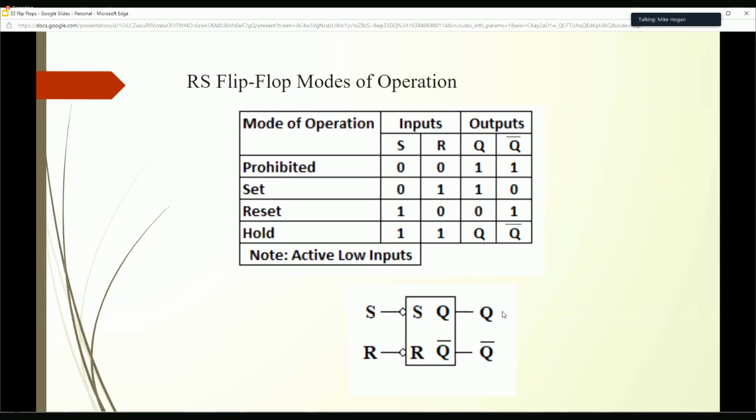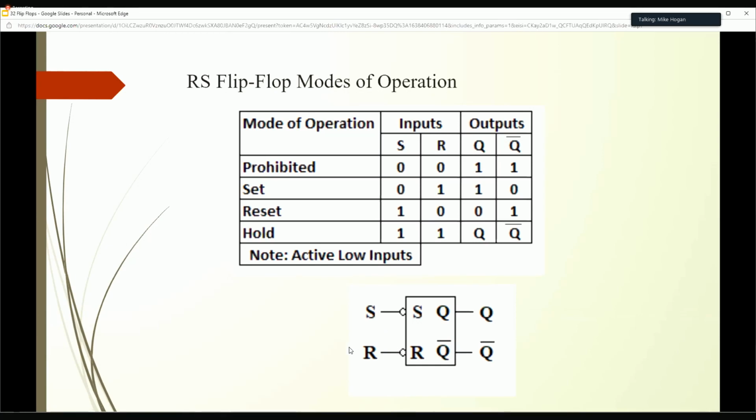That's a state that's not going to provide an output that we can count on. I mean, sometimes we may get a 1 on Q, sometimes we may get a 0 on Q, we don't know. We don't know what's going to happen there. And so we say that is a prohibited state, and we take precaution to avoid both of these being active.